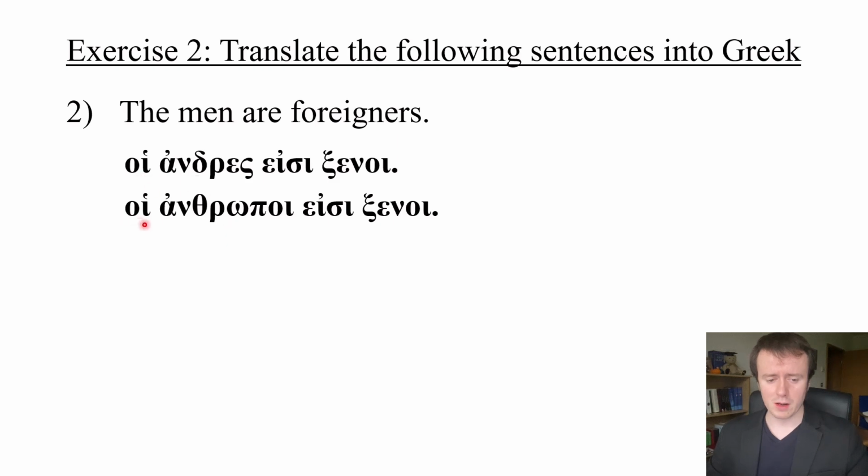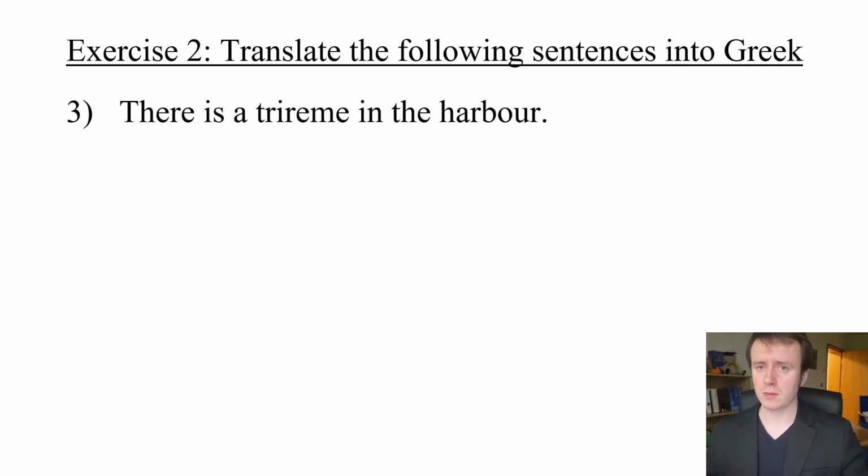Either way, the men went in the nominative plural, then we had eisi, the verb they are, and then we had xenoi, also in the nominative plural, since this is the complement of the verb to be, so it needs to be in the nominative as well.